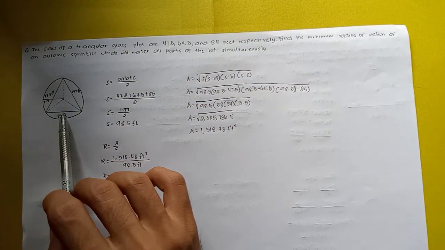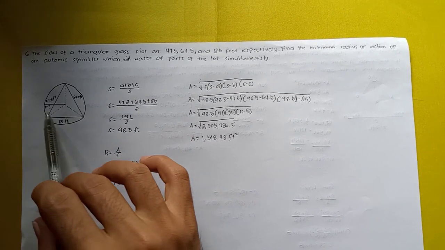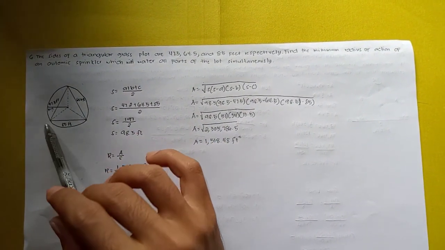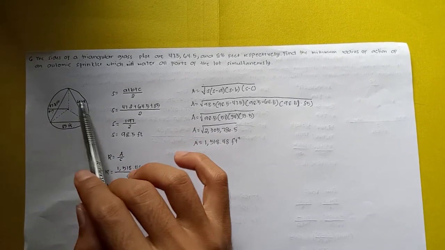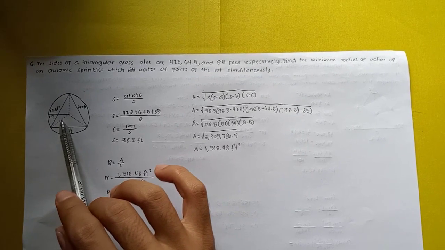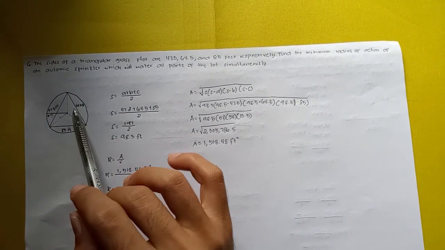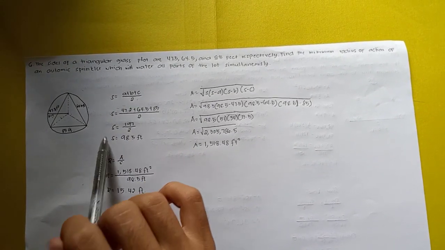So here we draw a triangle, the plot, and the area that the water sprinkler can water. So S equals A plus B plus C over 2.